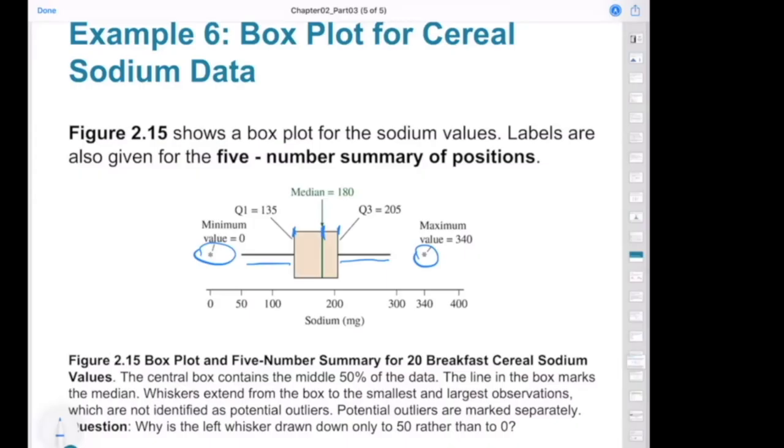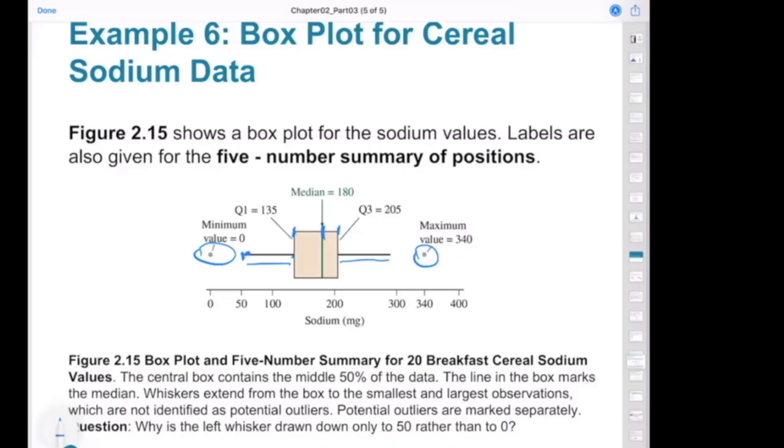Whiskers, okay? This is the distance from the first quartile to the lowest or smallest value within the range of 1.5 interquartile range. Again, this is the distance from the first quartile to the smallest number within the distance of 1.5 interquartile range.